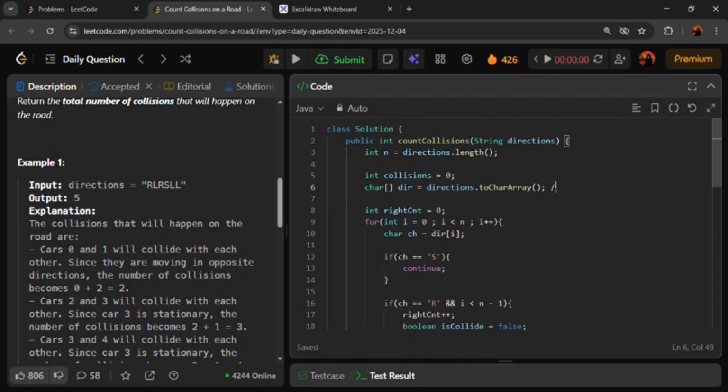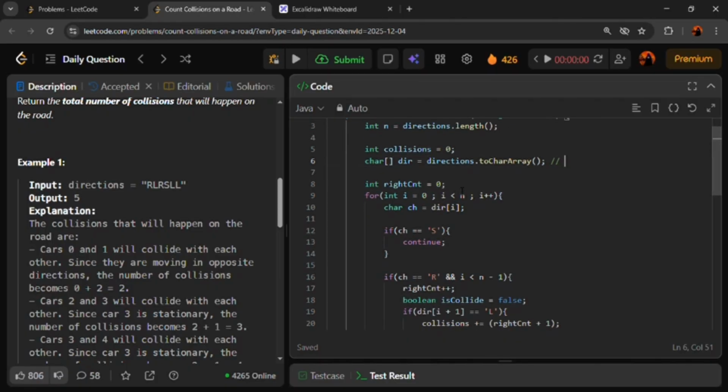Why? Because I have to change the directions: if a collision is happening, I have to make the car status stationary. And take right count as 0.